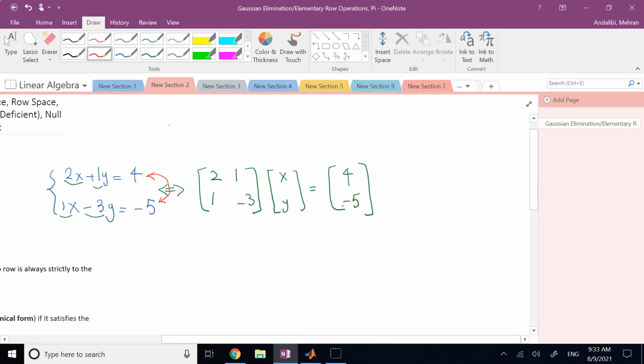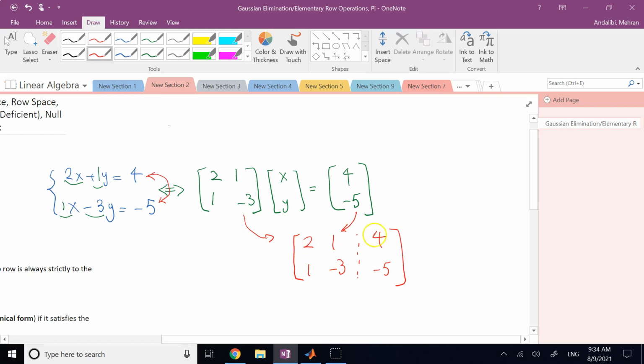So when we do the Gaussian elimination using the elementary row operations, what we do is we form, in this case, let's say a 2 by 3 matrix where the 2 by 2 part of it is the coefficient matrix, and then the right hand side of it is the constants on the right hand side of the equations. Okay. So this is how we basically combine these two matrices into this augmented matrix, and then we try to solve the system of equations.